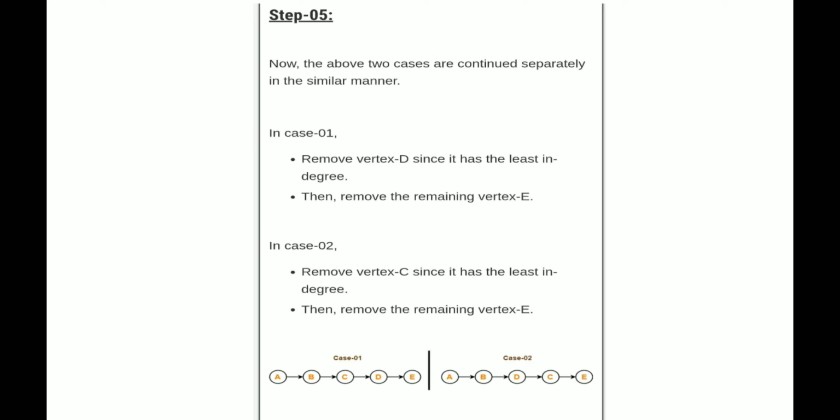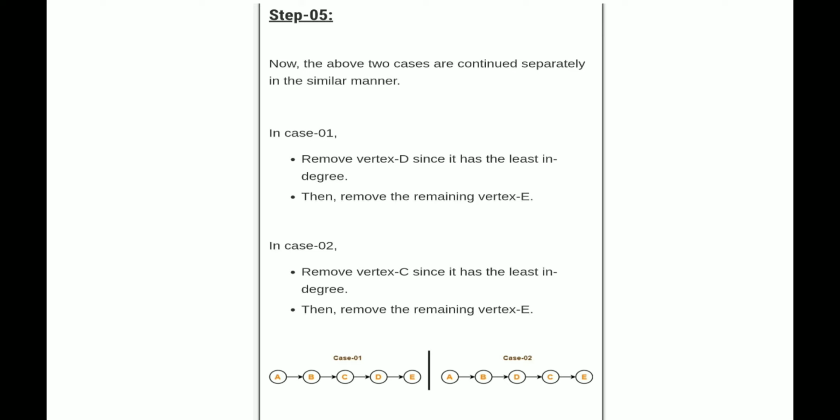So the linear ordering, observe the bottom area. In case number 1, A, B, C, D, E. In case number 2, first we have removed A, then B, then D, then C, then E.